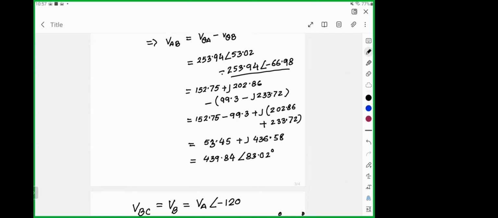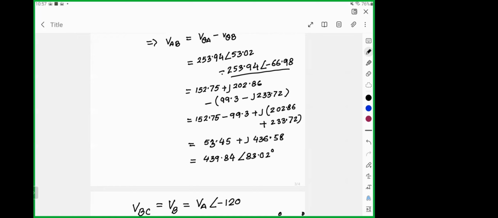the negative 99.3 minus j 233.72, I'm lost at that part. So you got 99.3 minus. What is the final result? Tell me, what is the polar form of the final result? You just continue.